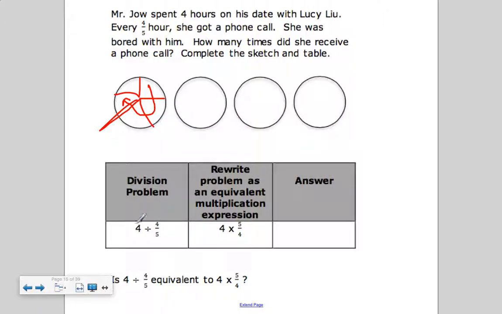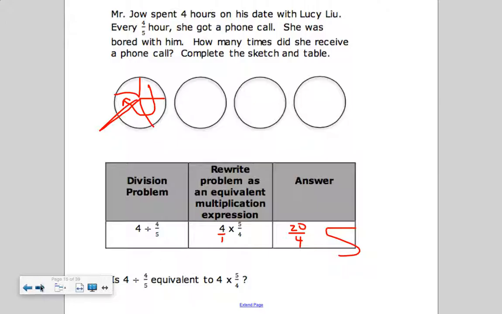How can I rewrite this as an equivalent multiplication expression? I keep the 4, I turn the division into multiplication, and I use the reciprocal of 4/5, which is 5/4. Rewrite the 4 in fraction form and you get 20 over 4. So she receives 5 phone calls during my date.